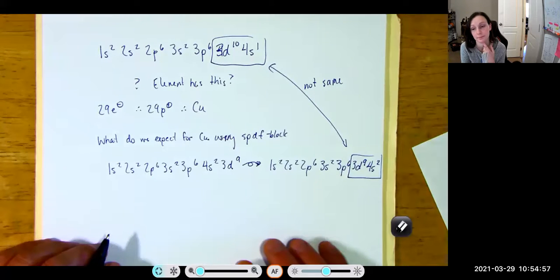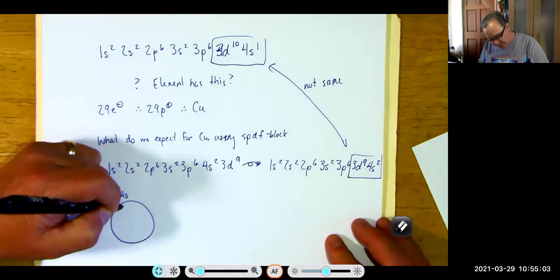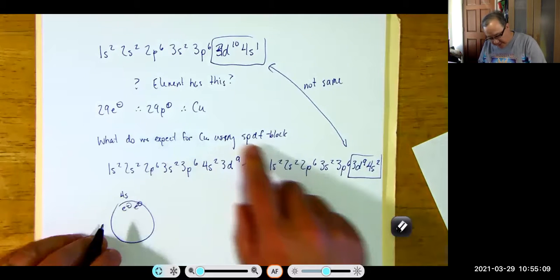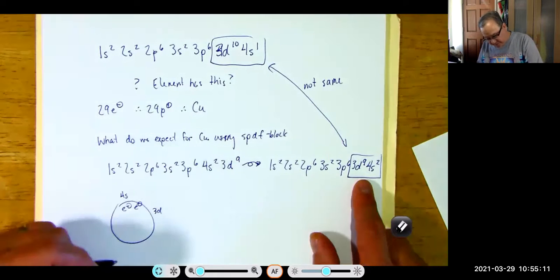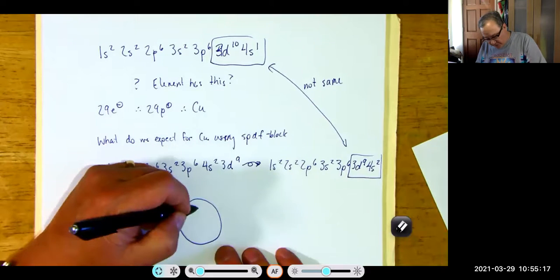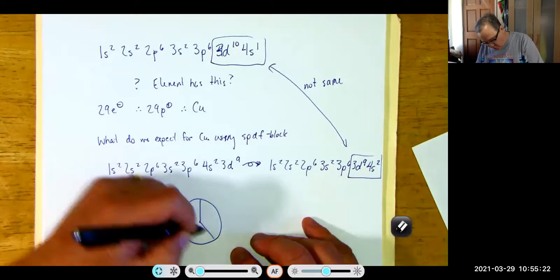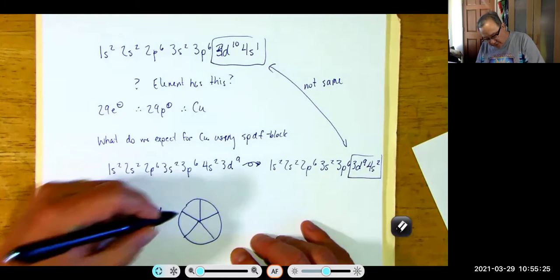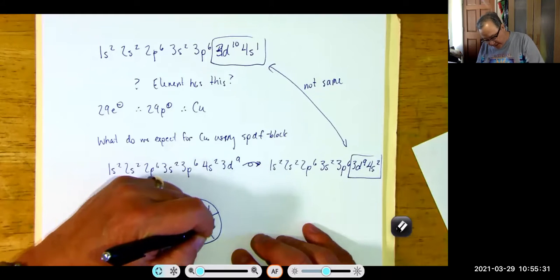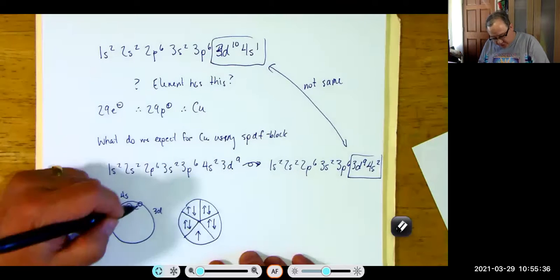Yeah. Okay, so if you look at a 4s with 2 electrons in it and a 3d with 9 electrons in it, the way I'm going to draw the 3d is like a pie, with 5 orbitals. 1, 2, 3, 4, 5, 6, 7, 8, 9. And my 4s, I'm just going to draw the electrons like this.